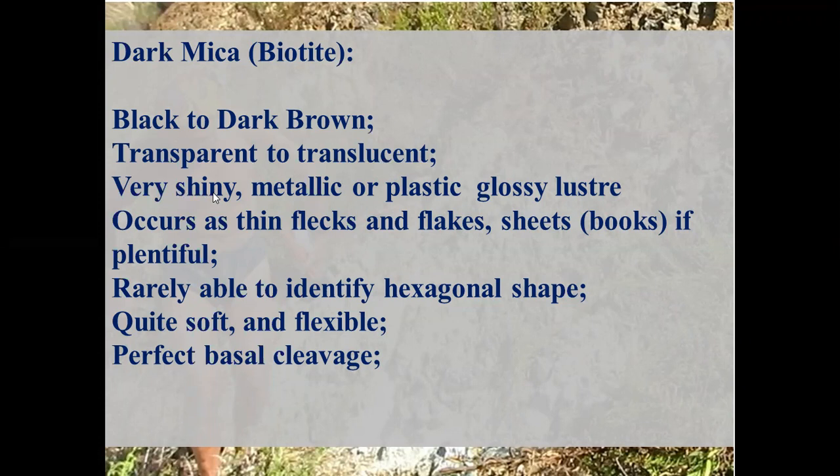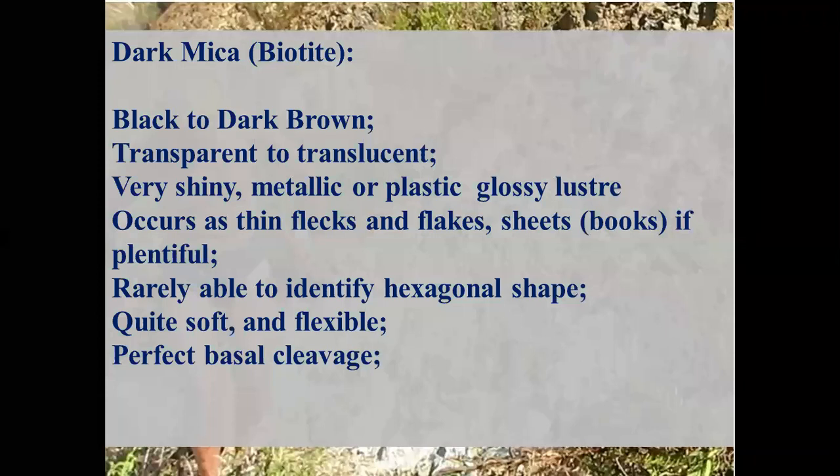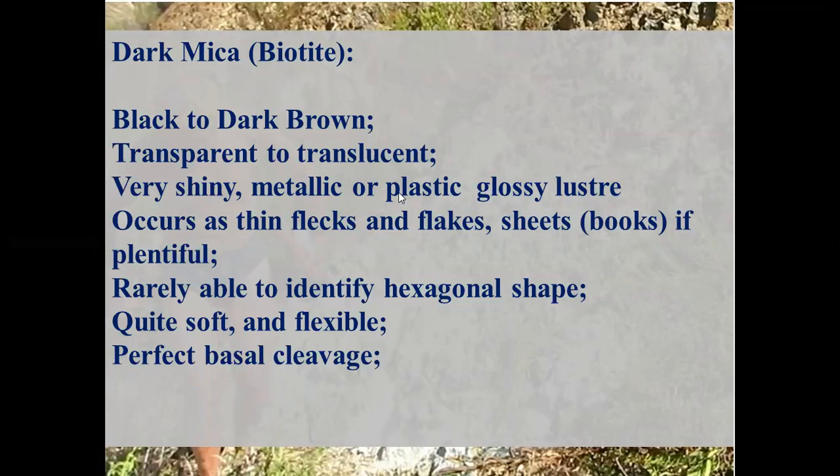You remember the mica that we talked about in the second session? That was this very, very glossy, what we called a metallic or a plastic glossy luster, very, very shiny. And that's this biotite mica, this dark mica. That's exactly the same here. And the occurrence will be as these thin flecks and flakes.